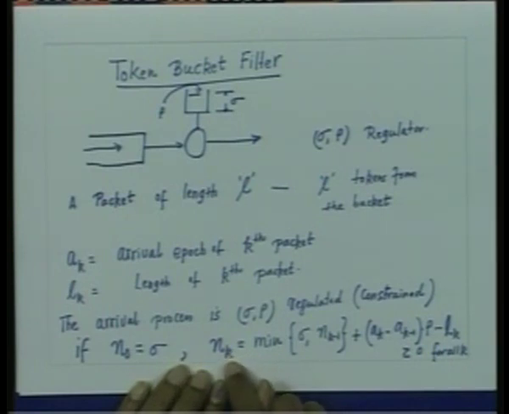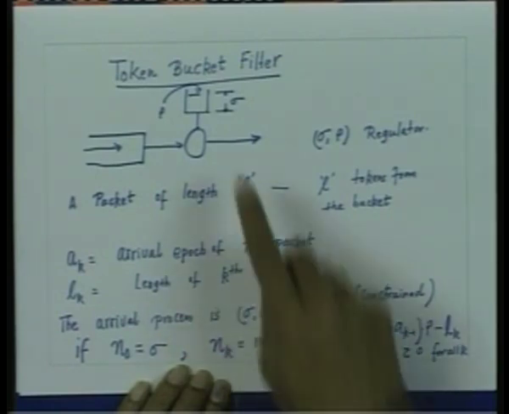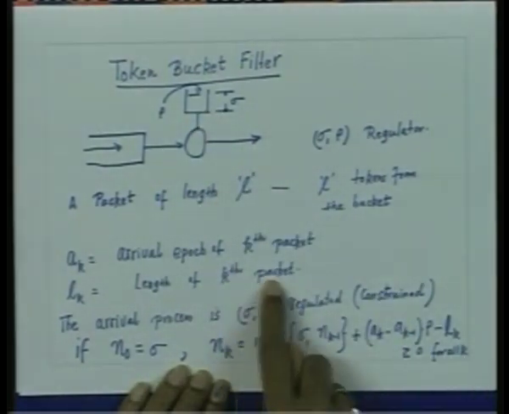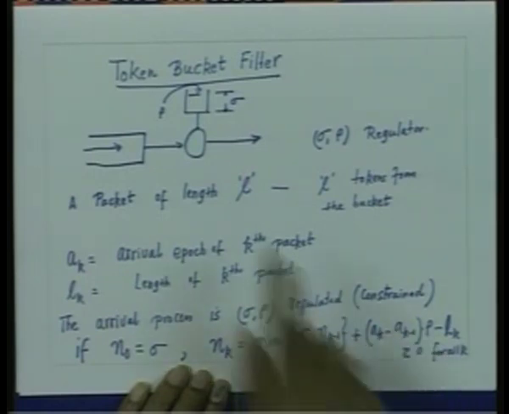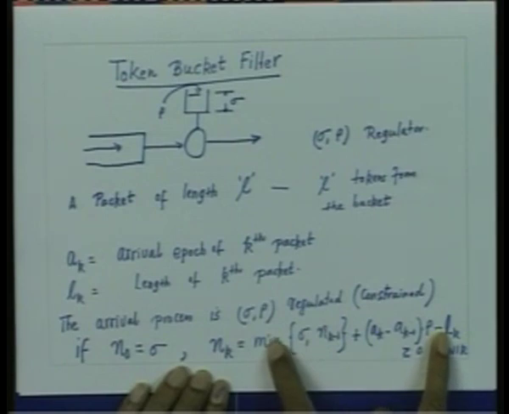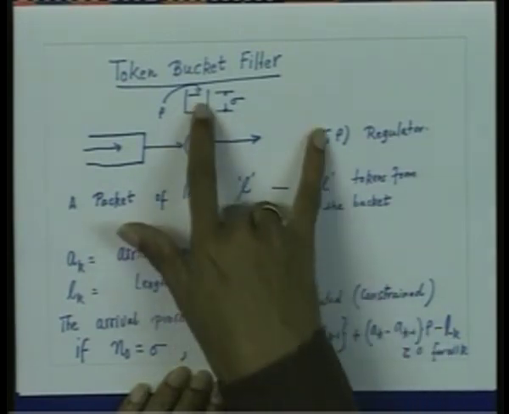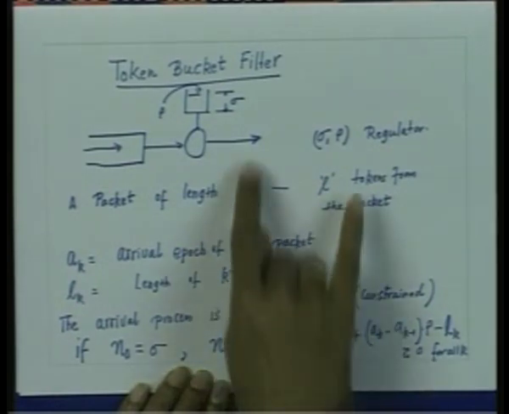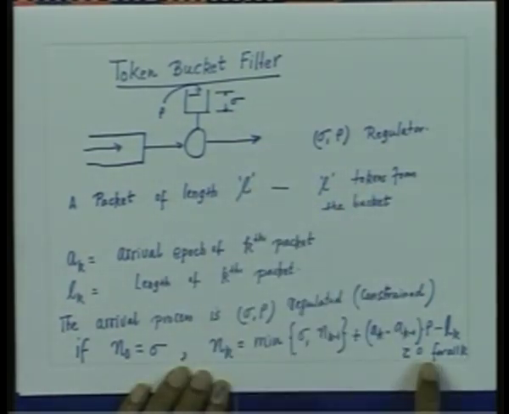Note that Nk is the number of tokens left in the bucket after the kth packet has left. These many tokens have come between the two intervals, Lk is the number of tokens that would be decremented, and this was the initial token grant at the k minus 1th instant. So this represents the number of tokens left after the kth packet has left, and this should be greater than or equal to 0.